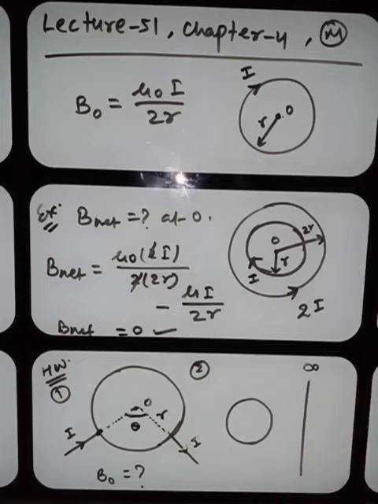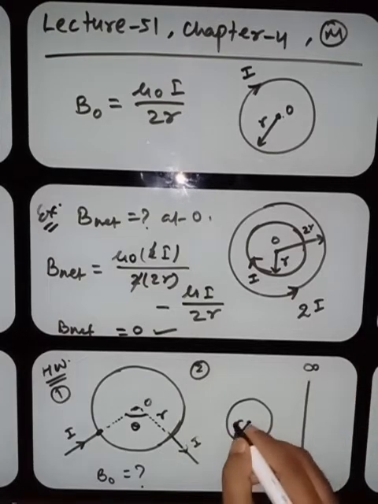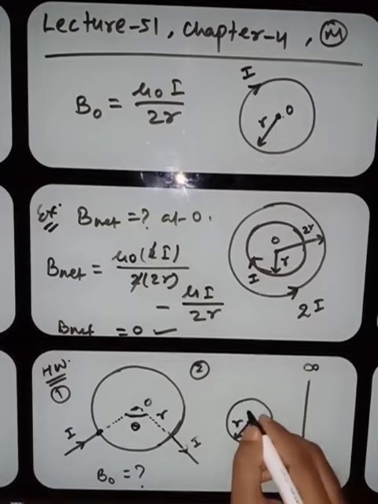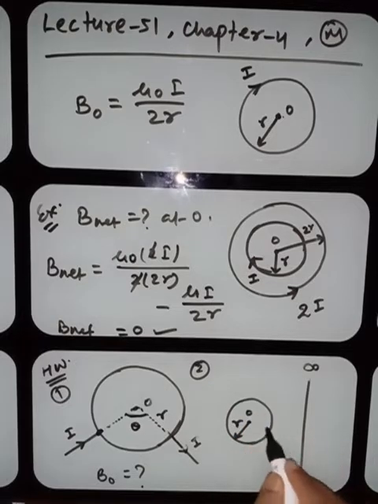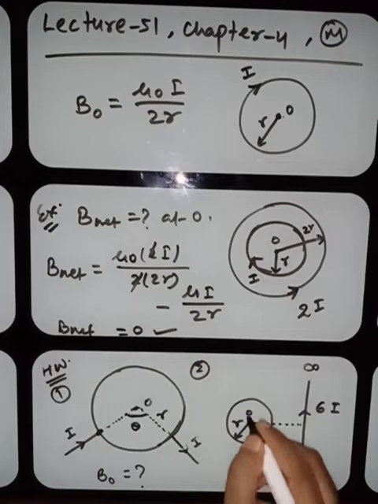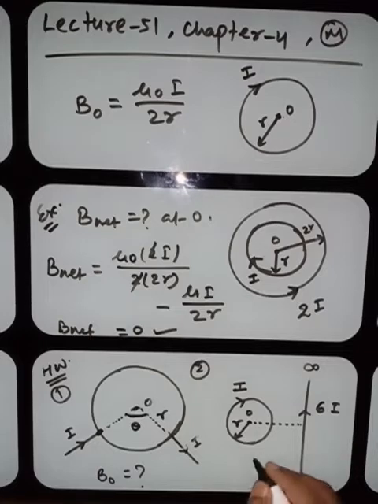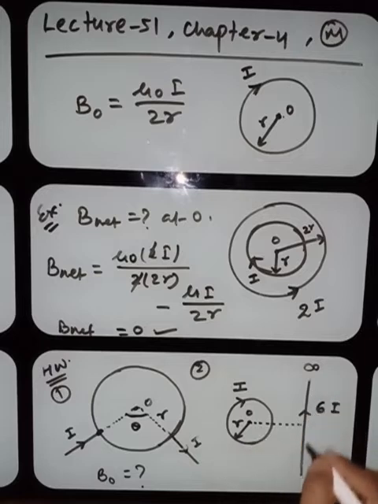Here is a circular conductor of radius R, the center is O. A straight conductor is placed through which current 6I is moving, and through the circular conductor in this pattern current I ampere is flowing.